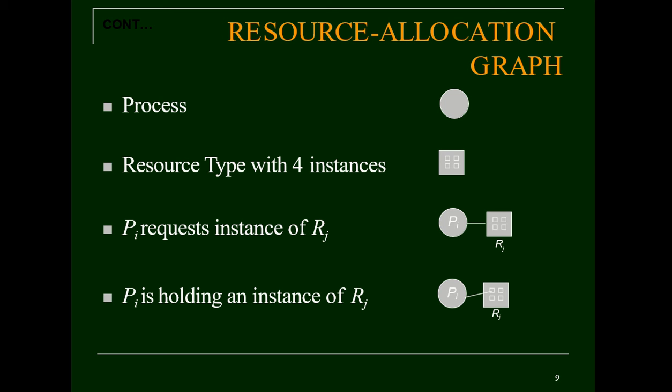Then Pi requests an instance of Rj, which can be represented like this. If Pi is holding an instance of Rj, then we can represent it as this, that is, Pi holds Rj.